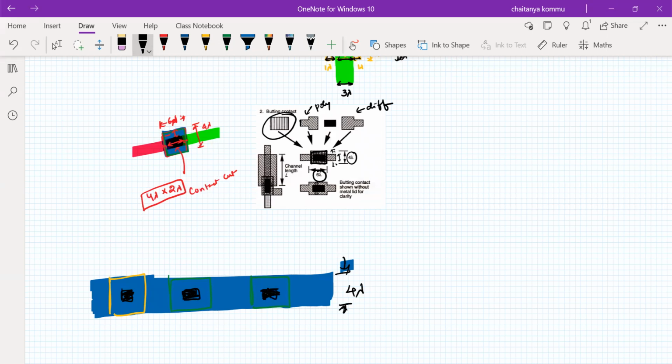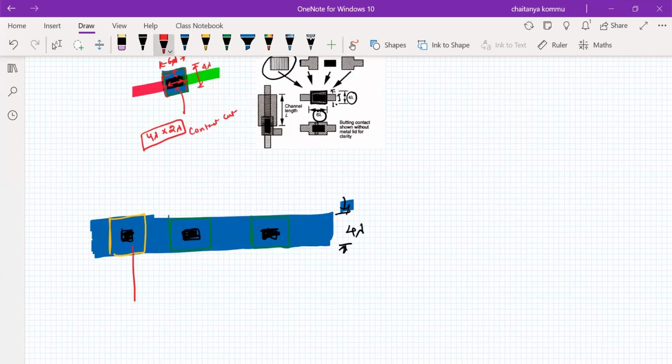From this contact cut to this contact cut, minimum we have to maintain 2 lambda. There is no doubt. Of course, if you want to make these two things very near to each other, we have to maintain 2 lambda. So here also, from this contact cut to this contact cut, we have to maintain 2 lambda.